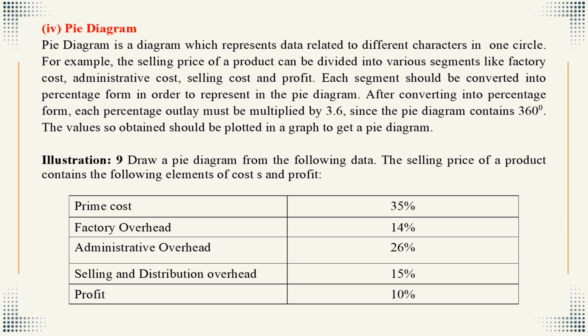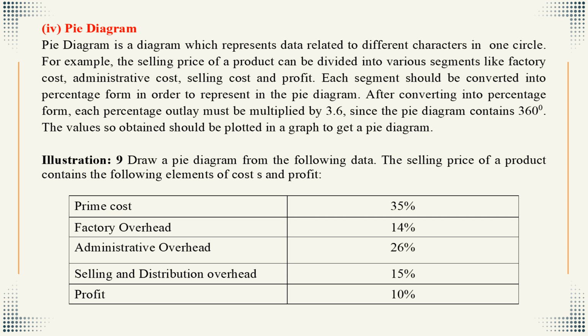Next one is the pie diagram. A pie diagram is a diagram which represents data related to different characters in one circle. For example, the selling price of a product can be divided into various segments like factory cost, administrative cost, selling cost, and profit.